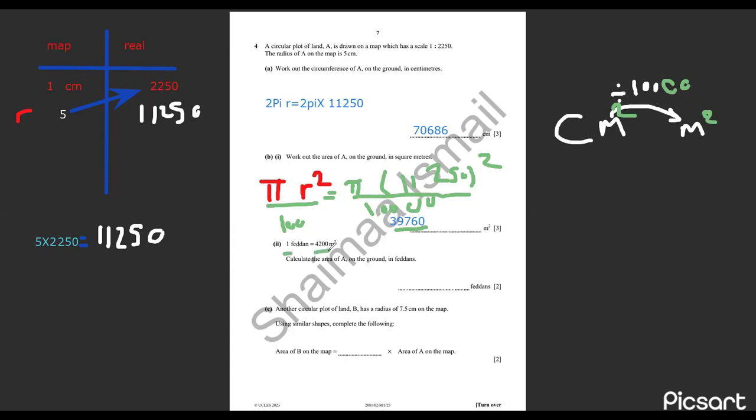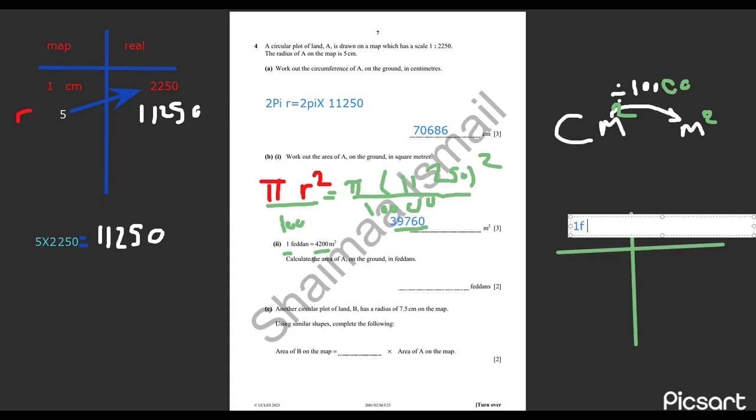Okay, 1 Ferdinand equals 4,200. Calculate the area of A on the ground in Ferdinand. So applying again the T rule, or the plus rule, we make a big plus, and inside it 1 F, which is Ferdinand, equal to 4,200 square meters. We already have the area of A, so we divide this by 4,200.